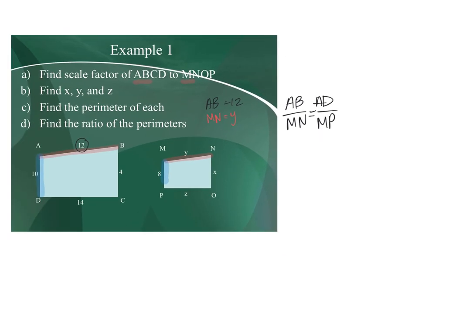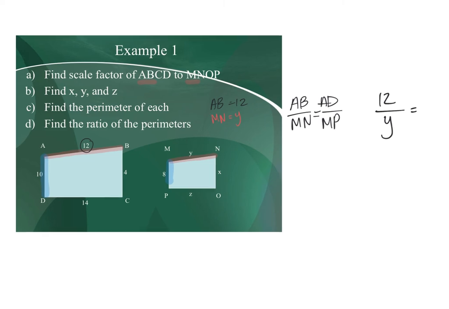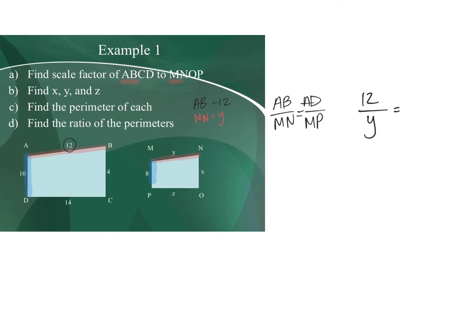So AB is 12. MN is Y. AD is 10. And MP is 8. Now we just cross multiply and solve. We would cross multiply the y and the 10, and the 12 and the 8.